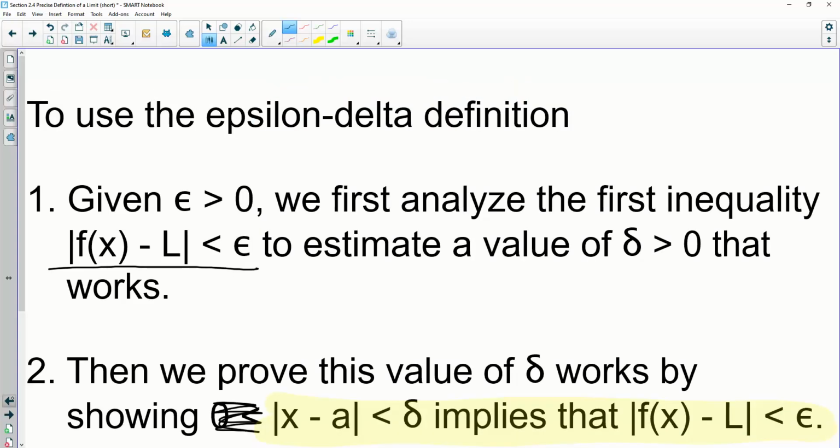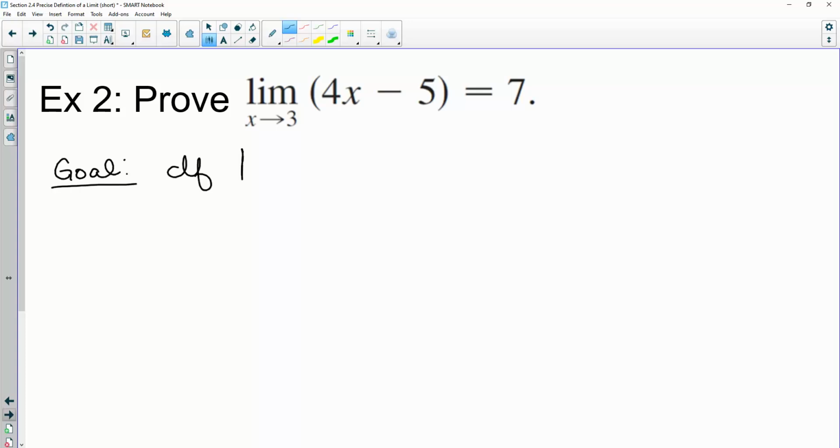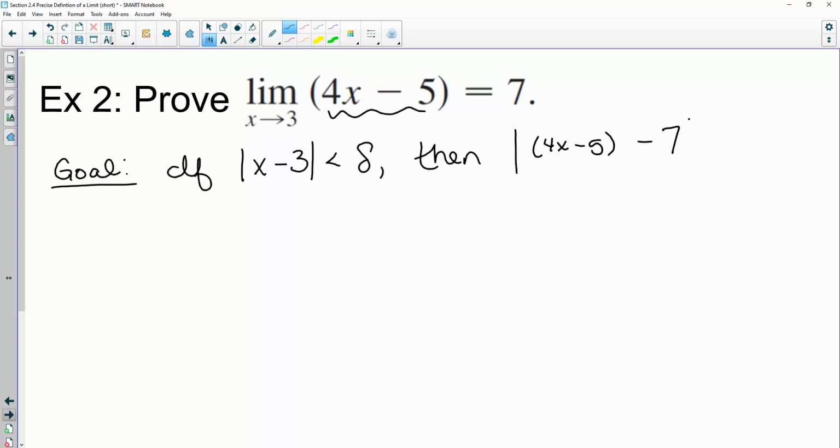And that comes back to this definition. So if the distance between x and what value of x are we approaching? 3 is less than delta. Then the distance between my function, what is my function? That's the limit, 4x minus 5. So the distance between the 4x minus 5 minus the limit, which is 7, is less than epsilon.